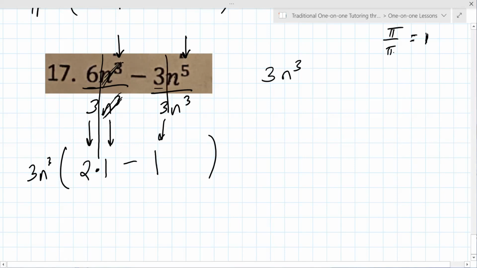That's 1. Now n to the 5th over n cubed is n squared, and that comes from n to the 5th over n cubed equals n to the 5 minus 3.